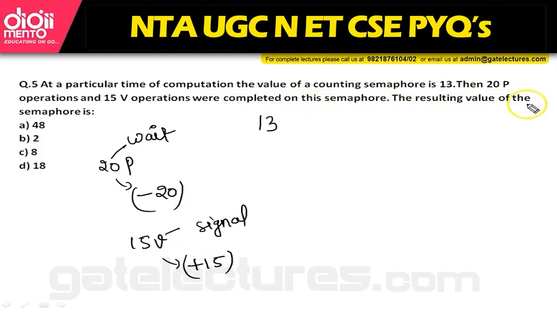The resulting value of the semaphore is? It was 13, then we applied 20 P operations, so 13 minus 20 is minus 7, and then 15 V operations, so plus 15 signal operations. So the answer is 8 here, which is option C.